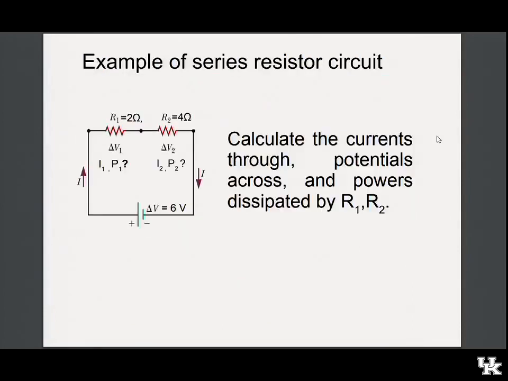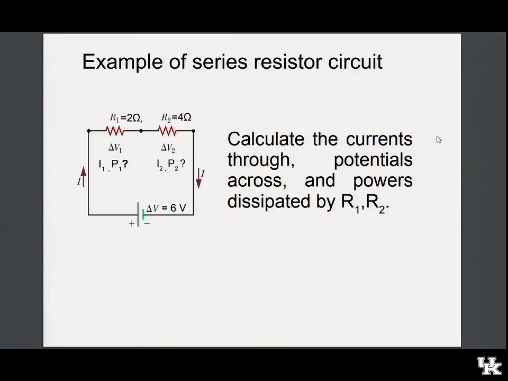Let's look at an example problem with series resistors to get used to working with equivalent resistors for series resistors and Ohm's law in this sort of circuit. In this particular problem, I have a series arrangement of two resistors. If we look at the circuit diagram, I've got this 6-volt ideal battery downstairs here.